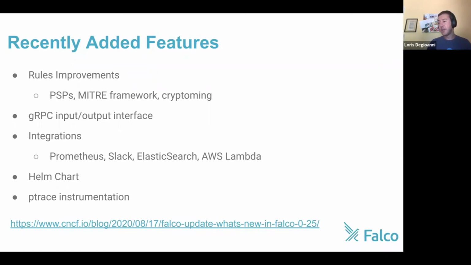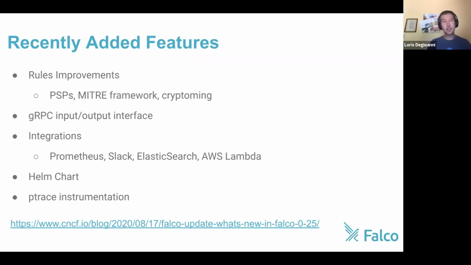This goes toward making Falco able to integrate well with any other tool in the ecosystem, and also being composable and being essentially a part of the stack that you can use in different ways. Based on this general input-output interface, we created a lot of integrations, Prometheus, Slack, Elasticsearch, AWS Lambda, and so on.